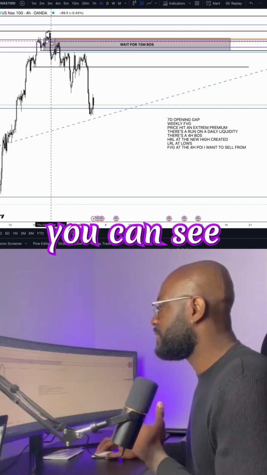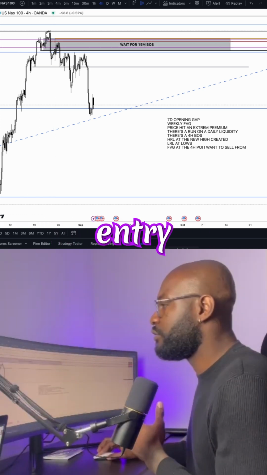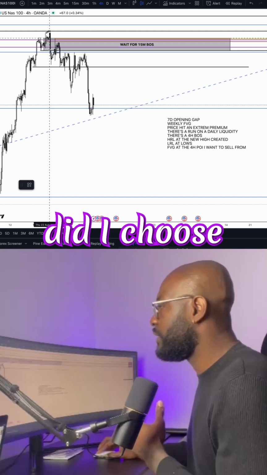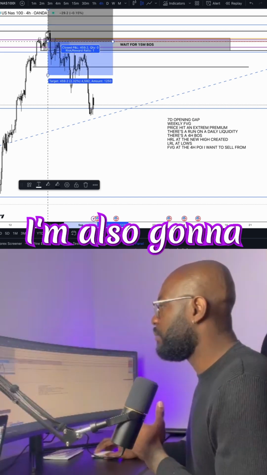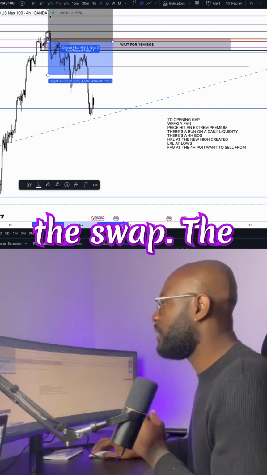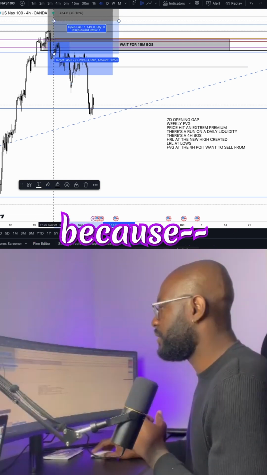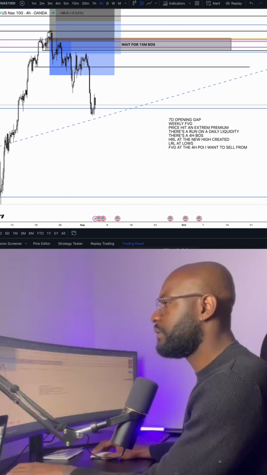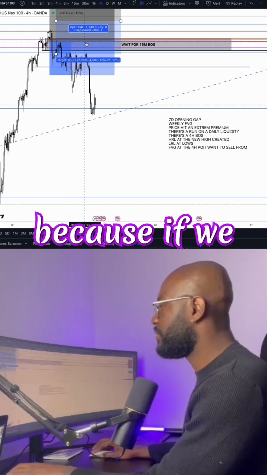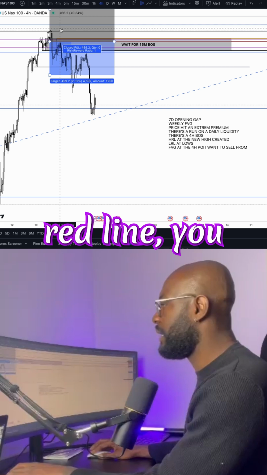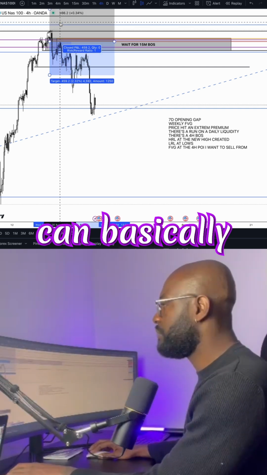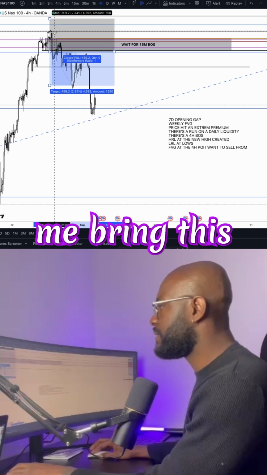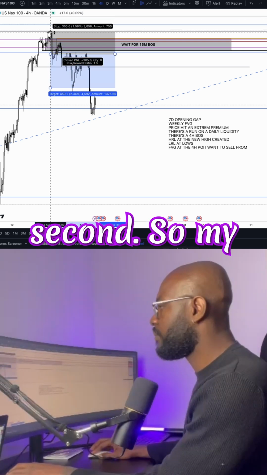And the red line, you can see the red line right there. That's my entry position. Why did I choose that red line? I'm going to share with you the reason why as well. Let me bring this down one second.